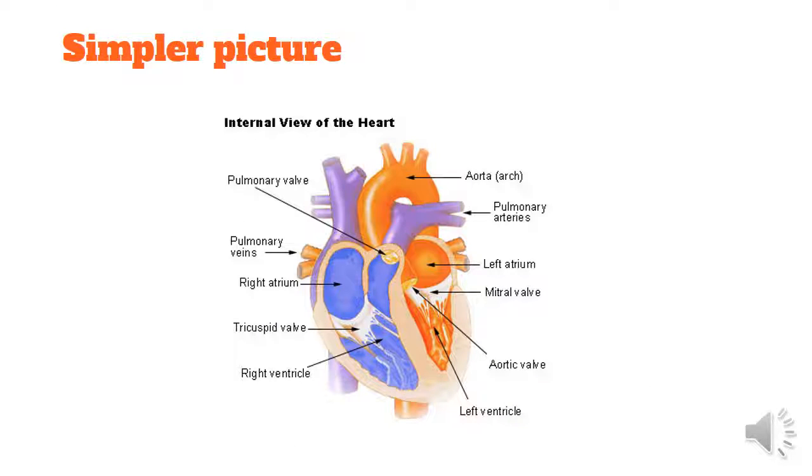Now here's an easier picture to look at without all the labels. These are the important parts. You can see these valves here, these veins, and the arteries. Interestingly enough, the deoxygenated blood comes into the right side of the heart, not through there, through here, sorry.